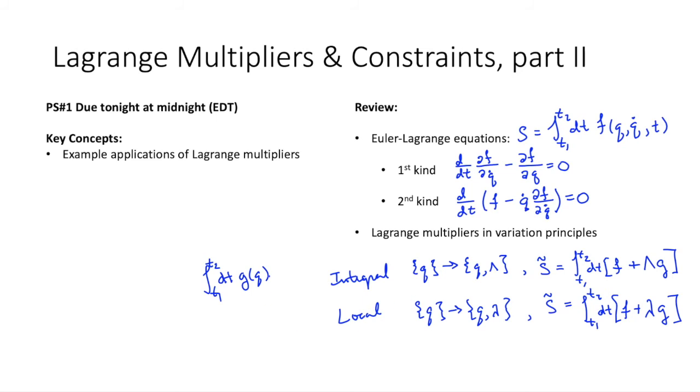If we had a local constraint, okay, so the integrated constraint is the integral is 0, a local constraint is at every time it's 0, then we do exactly the same thing. In fact, these two lines look identical, except now this Lagrange multiplier can be a function of time, and so I wrote it as a lowercase lambda just to make that explicit.